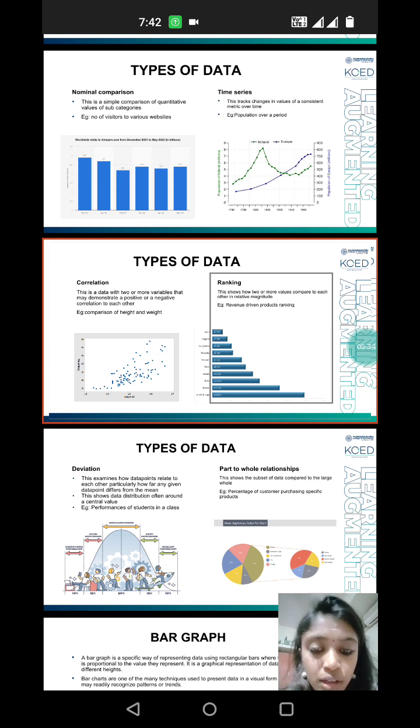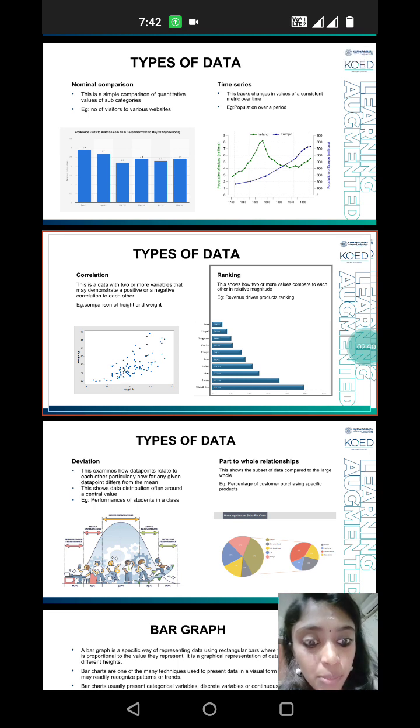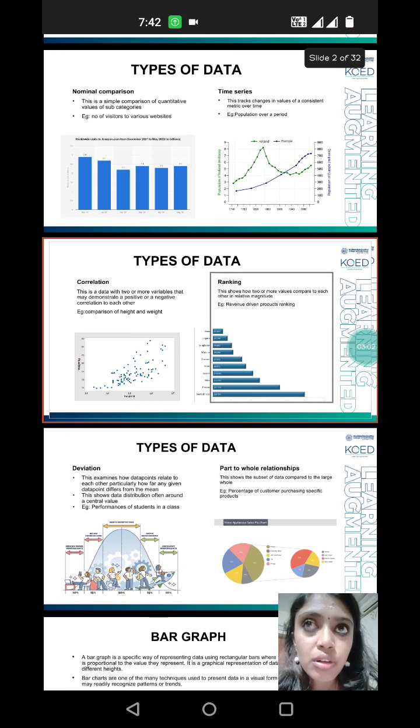The fourth type of data is ranking. Ranking data is like when you are buying a particular product from a website, that product might be available through multiple sellers, and we can predict the outcome of the sale through each and every seller using the rating.